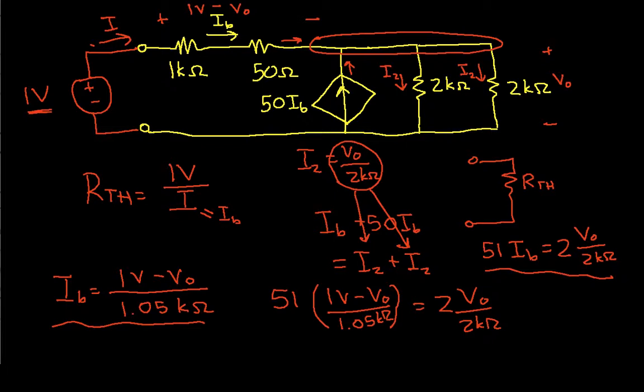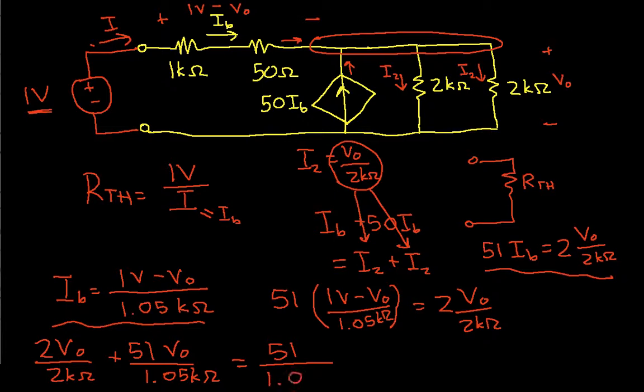When we do that, we get 2 V0 over 2 k ohms plus 51 V0 over 1.05 k ohms is equal to 51 over 1.05 k ohms. And let's see, we can solve this now for V0 without going through all of the details.